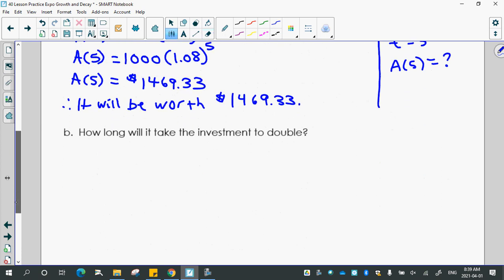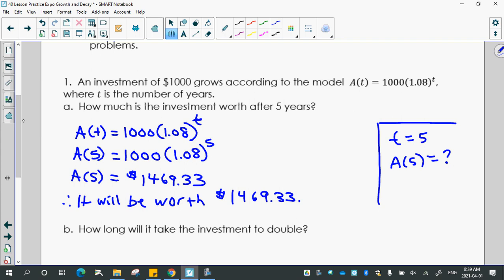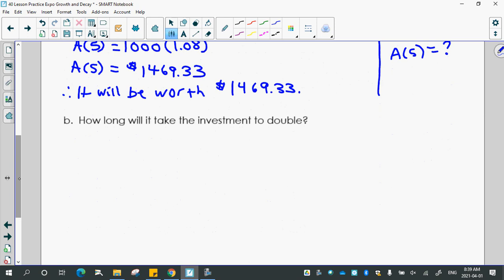All right, how long will it take the investment to double? So again, you know we're starting off with $1,000. It's growing according to this exponential function. We know it's exponential because the variable is in the exponent. T is the number of years. How long will it take the investment to double? So what is that actually giving me, T or A at t?